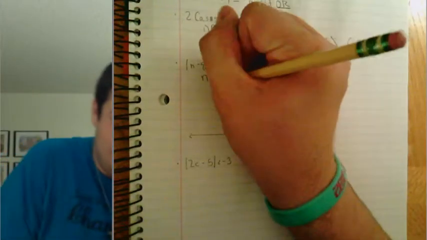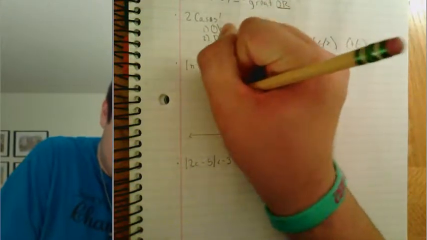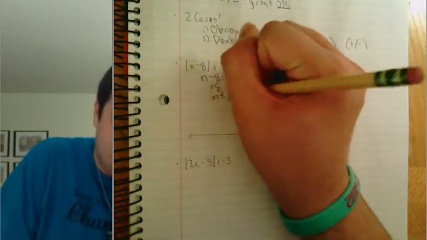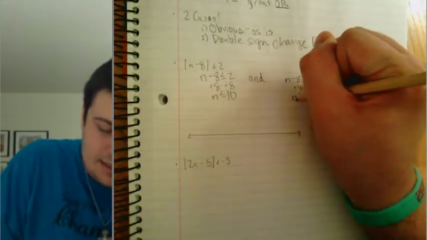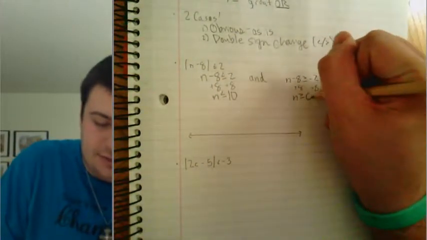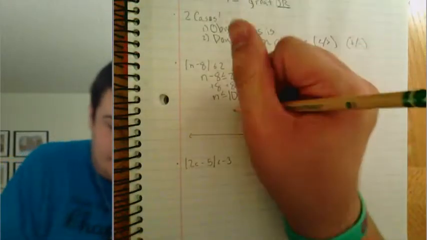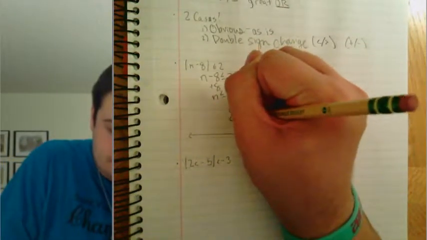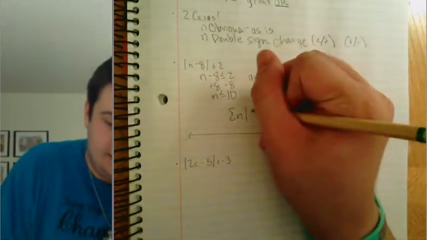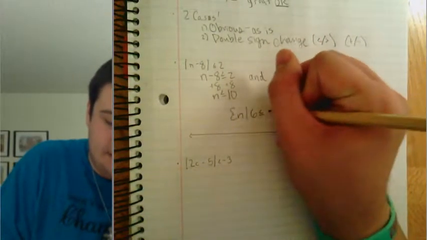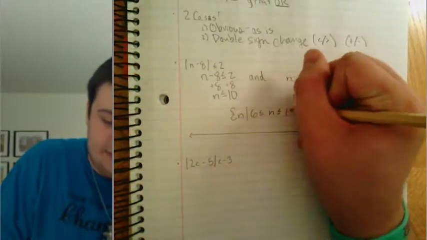So let's go about solving. Plus 8, n is less than or equal to 10, plus 8, n is greater than or equal to 6. When I go in set builder, I have the set of n such that I rearrange from least to greatest: 6 is less than or equal to n is less than or equal to 10.